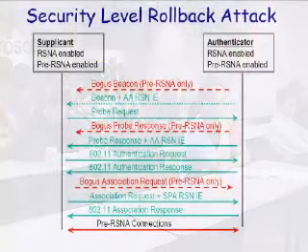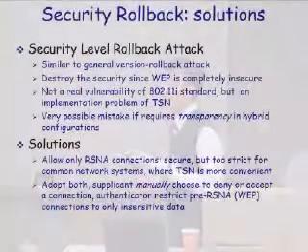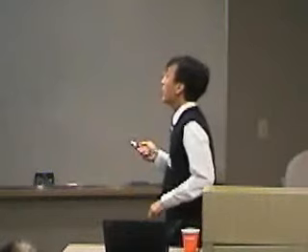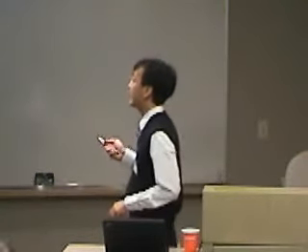That will cause them to set up a WEP connection. But since WEP is insecure, this is completely insecure. This is similar to any general version rollback attack. It will destroy the security completely since WEP is insecure.